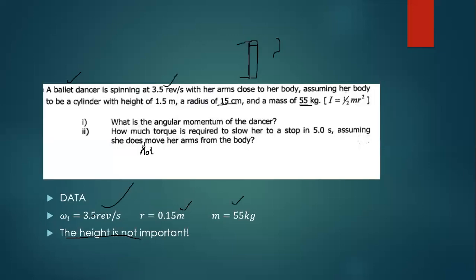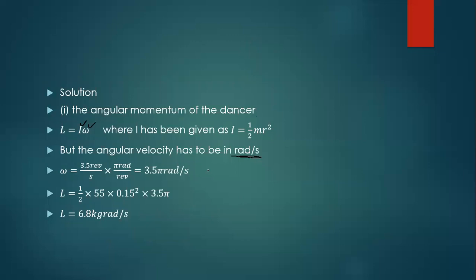It was given in revolutions per second. So never do calculations with revolutions per second. Always change them into rads per second. And this is how we change it: 3.5 revolutions per second. We know that 1 revolution is equal to 2 pi rad. Then when we do this computation, we'll be able to change it to our angular velocity in rads per second.